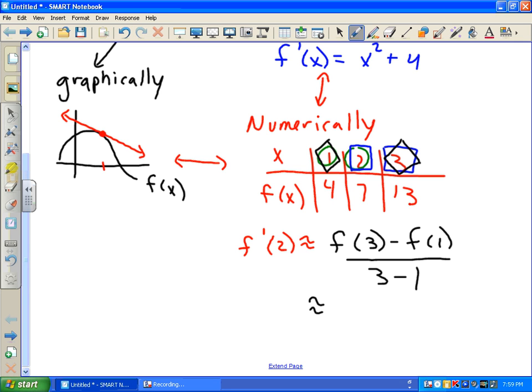F of 3 is 13. F of 1 is 4. 3 minus 1 is 2. 13 minus 4 is 9. So we have 9/2 as our approximation of the derivative when x equals 2.